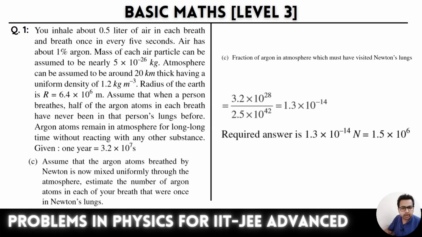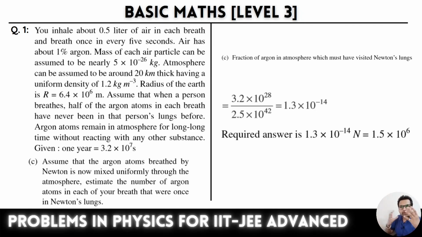So this is a very interesting question. Let's decode it. How will we do it? See, there are two observations we have to make. The first observation is: when Newton inhales, he inhales half liter of air.